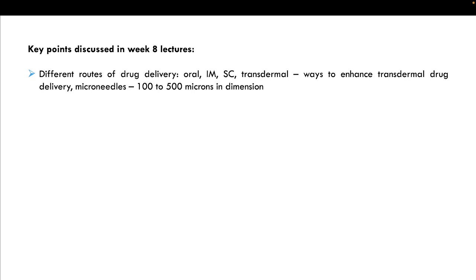But there are ways to work around this. For example, if you want something to be delivered only to the intestine and you don't want the drug to be degraded in the stomach, then we looked at something known as enteric coating to avoid the release of the drug in the stomach, and instead the particle just passes through the stomach and then releases at the intestine.